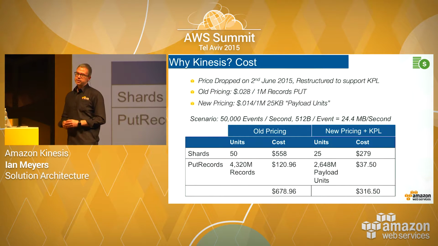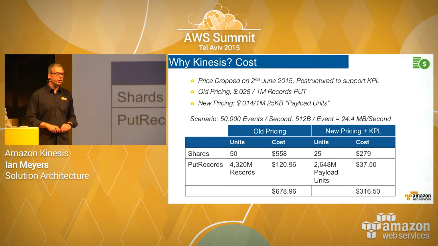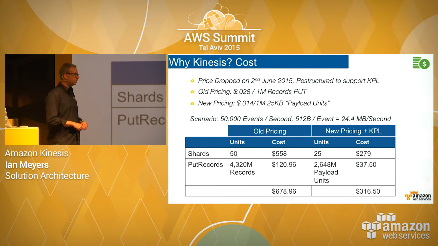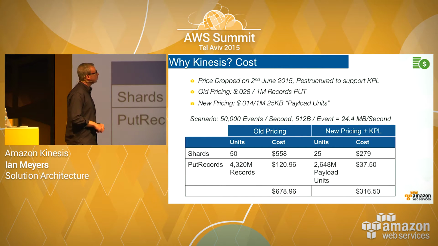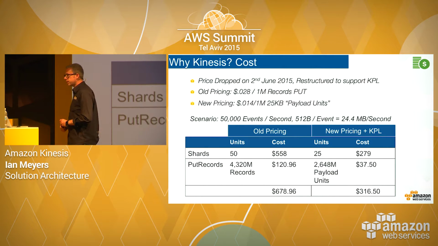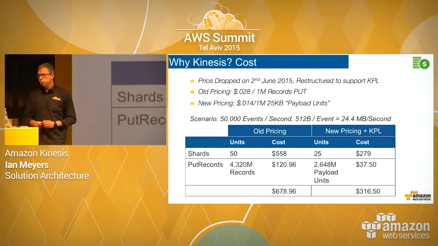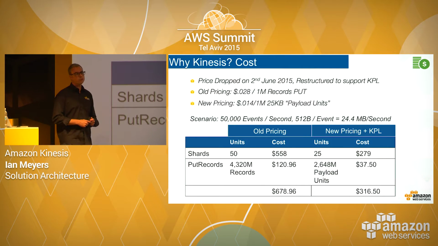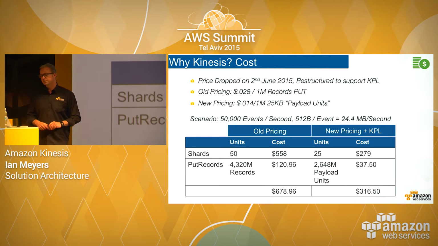Also really pleased, along with the 1 megabyte size increase, we also did a price cut. We dropped the price on the 2nd of June, so this is fairly new news, and specifically we restructured the pricing model to be able to support the KPL better.